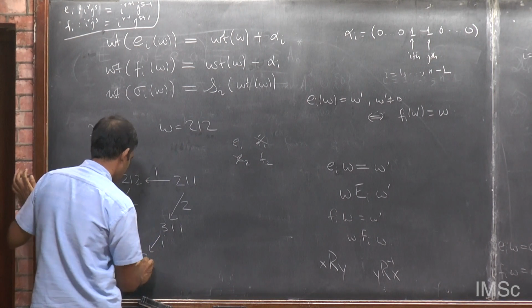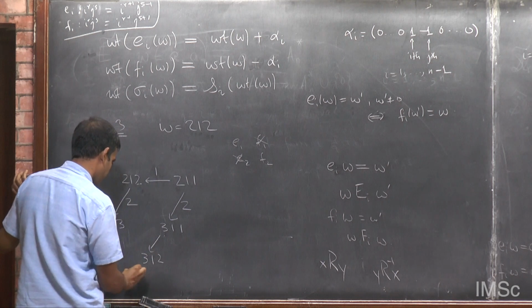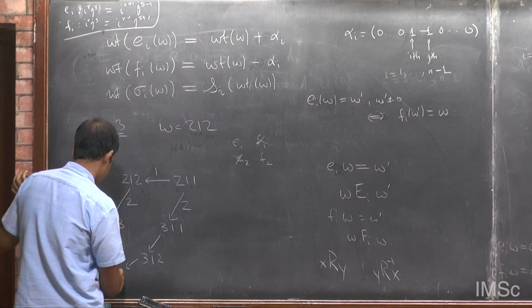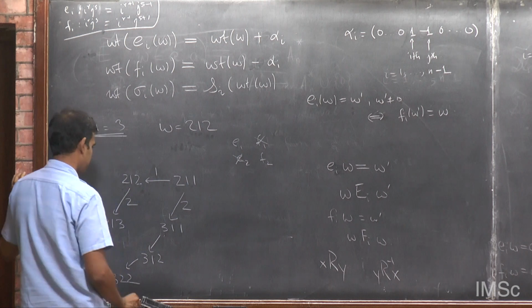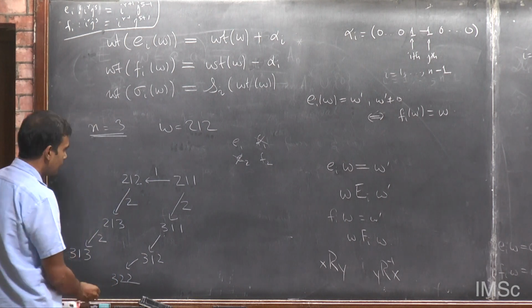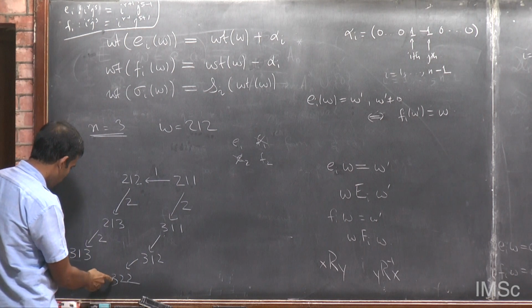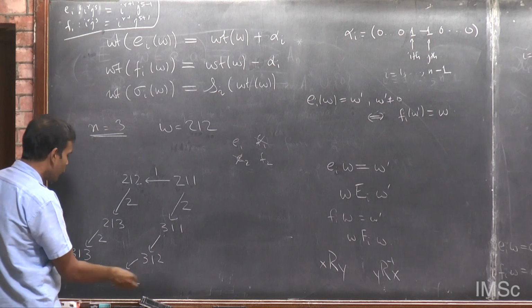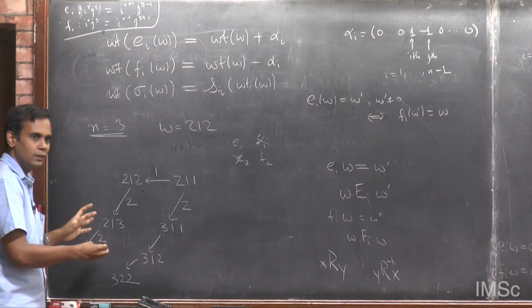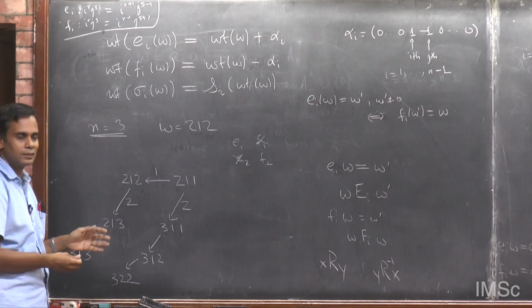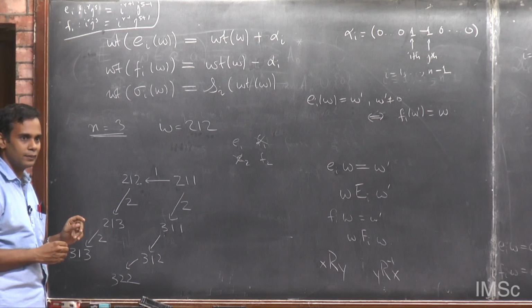So 3 1 2, and then 3 2 2. And so on. So you can try to draw the whole crystal. Maybe this is a good exercise for the tutorial.